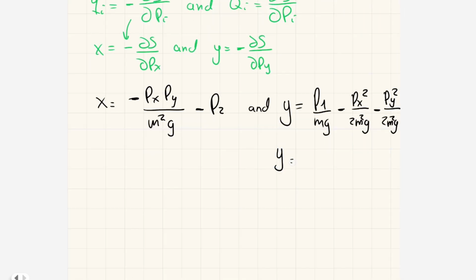With this we can write that this is p1 divided by mg minus px squared plus py squared divided by 2m squared g.